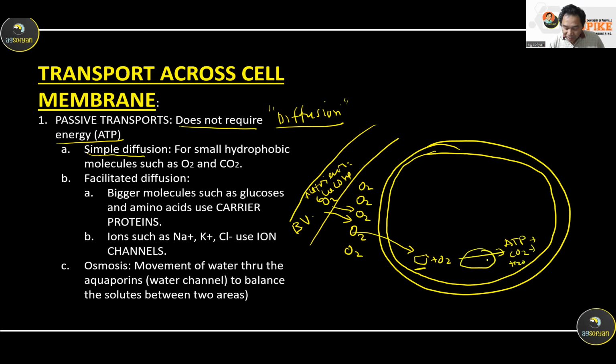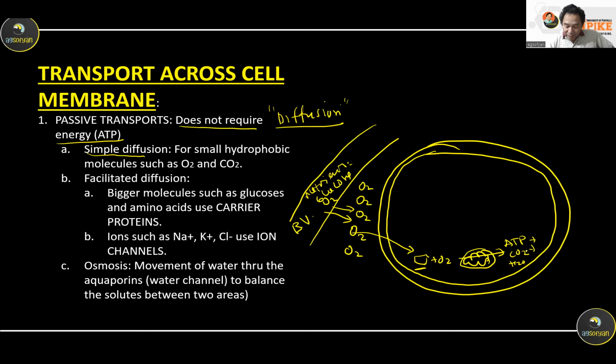And it is happening in an organelle called the mitochondria. So the oxygen enters from higher concentration into the cell because the cell has a lower oxygen concentration. And this is what we call simple diffusion.